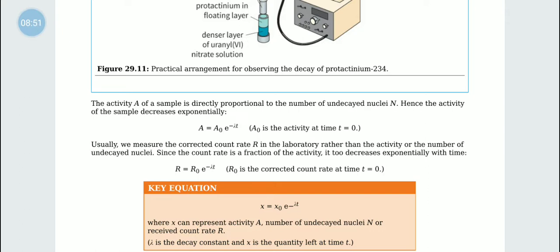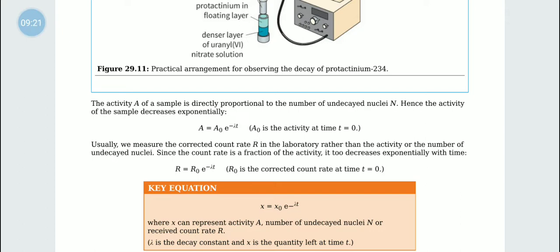Then the activity A. Now we realized from the earlier situation that the activity A is proportional to the number of undecayed nuclei N. So we have a direct proportionality here, because the activity has an exponential decrease with the undecayed nuclei.